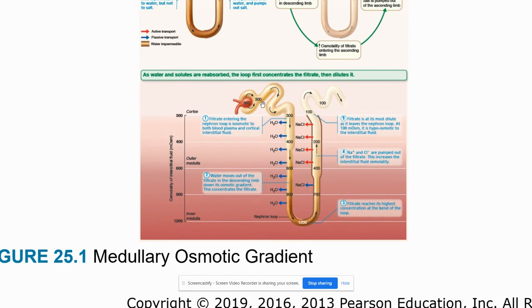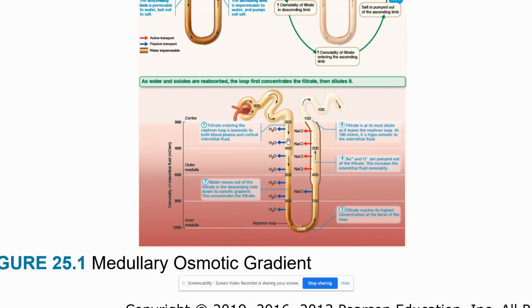So we have here the fluid at 300 milliosmoles, and it's going to go down into the medulla. As it goes down into the medulla, water is leaving the descending limb, and the osmolarity of the filtrate is going up, because water's leaving, right? We have this very concentrated filtrate here at the bend.